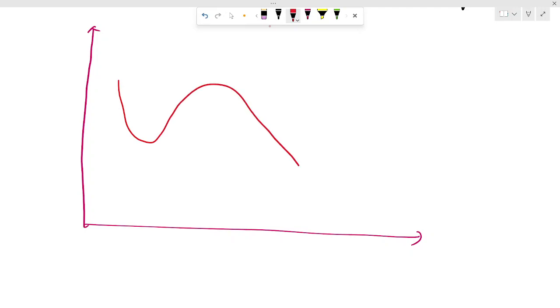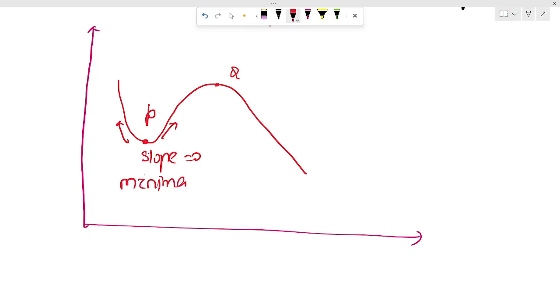Like this. Let me give this point the name P, and this one is a point Q. At this point the slope is 0, and this point is called the minima.